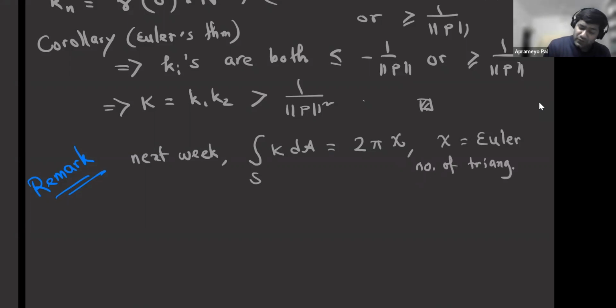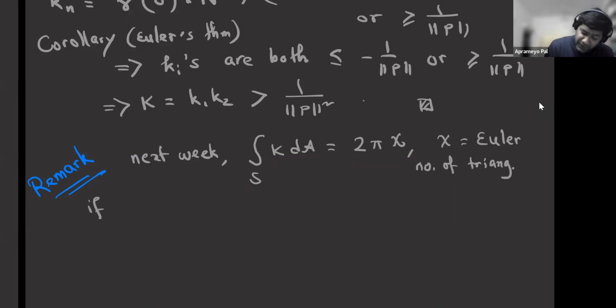But what I want to stress is, if you take the total curvature, the integral of the Gaussian curvature, you get something very nice, which is a very strong theorem. It's for an arbitrary surface that you are getting this number.